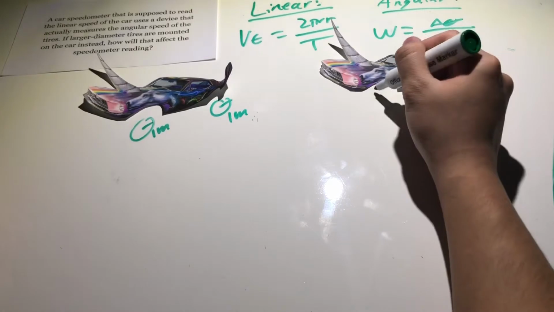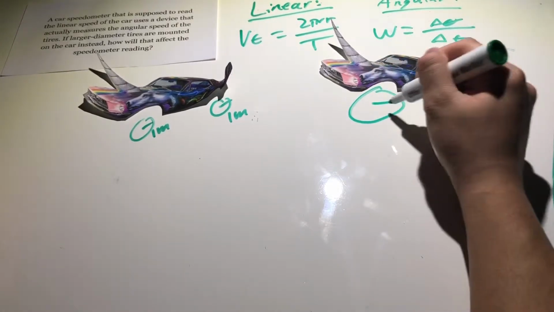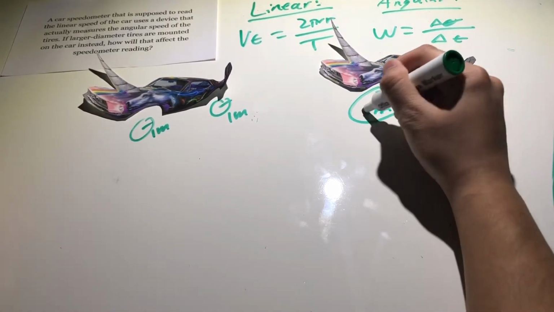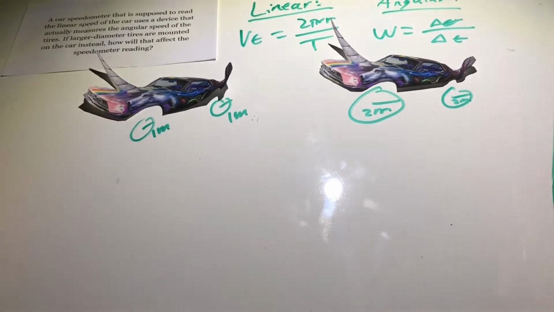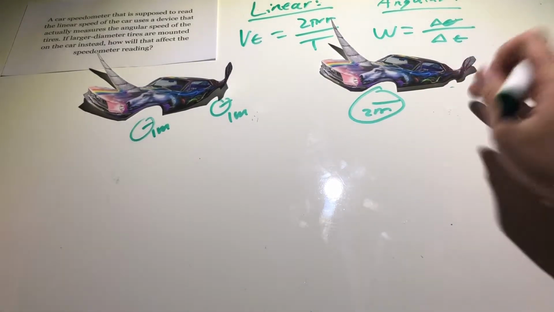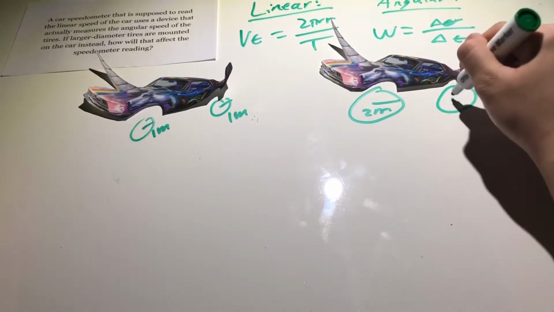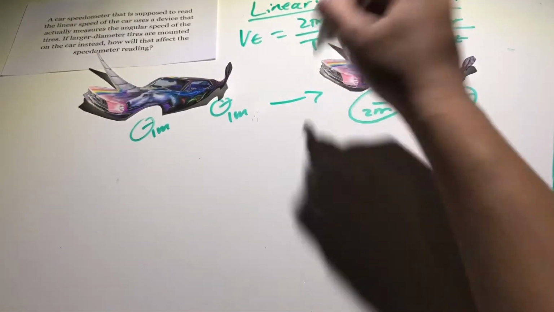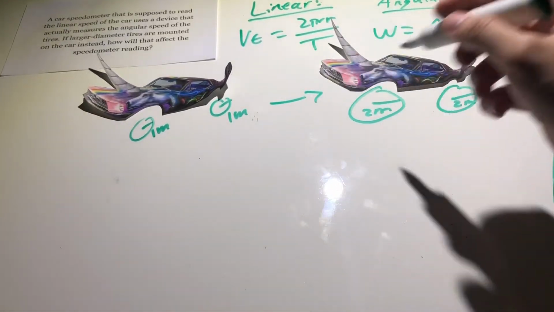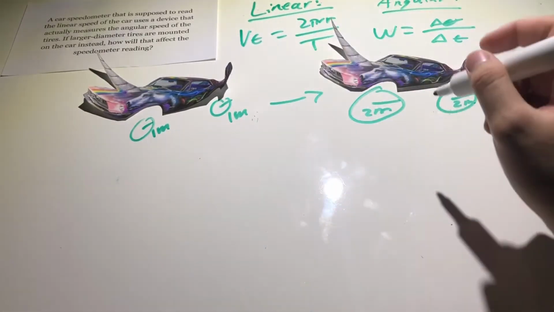And then we want to get new tires put on, larger tires, which will have radius of 2 meters. So we have an increase in radii between our first car and our second car.